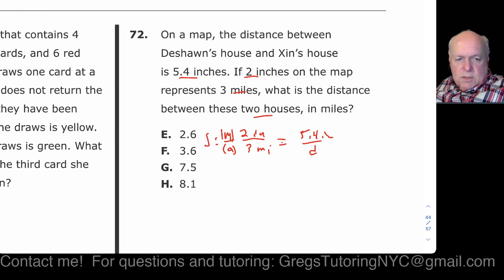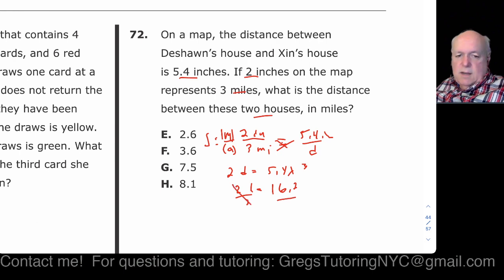So we're going to do the cross product again, and we get 2D is equal to 5.4 times 3. So we get 2D is equal to 16.2. Again, you can go on the side and do that. Divided by 2, that cancels that. Divided by 2, again you can go on the side and do that. This one's fair enough, and we get 8.1.